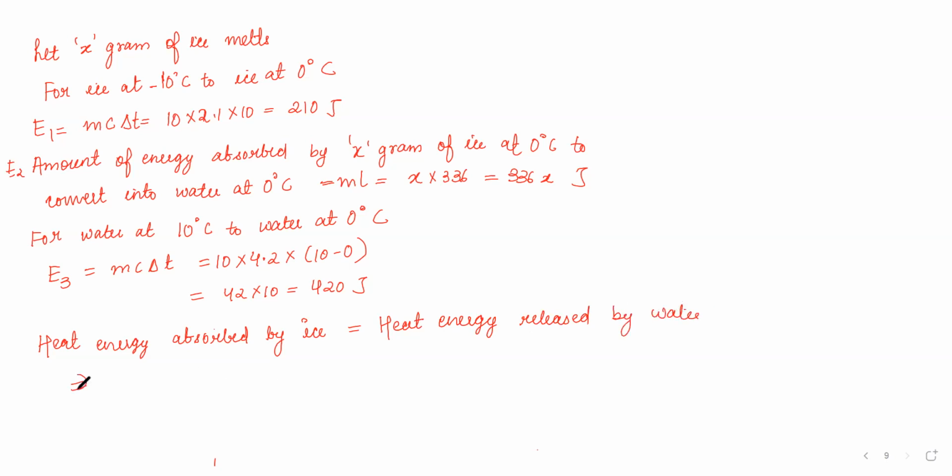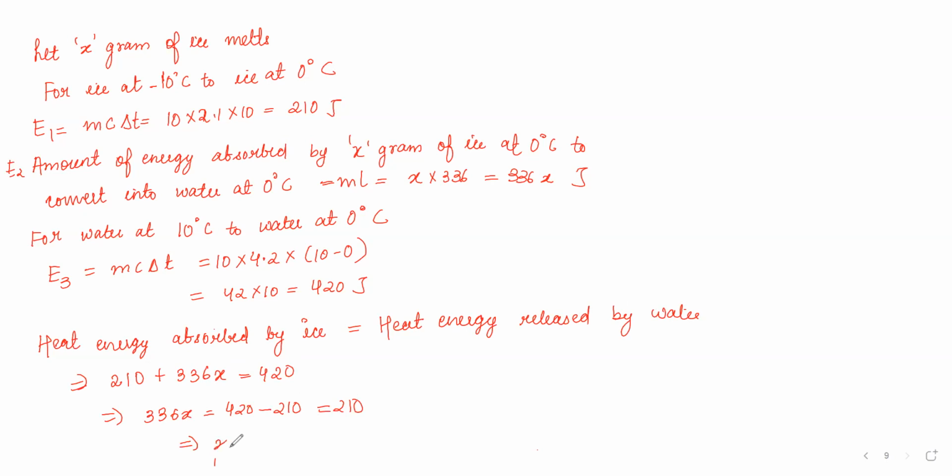So this implies what you will be writing, 210 plus 336x is equal to 420. So this implies 336x is equal to 420 minus 210, which is equal to 210.